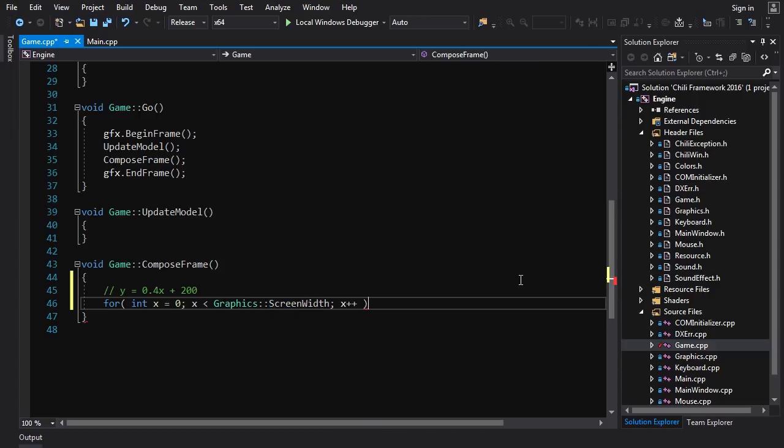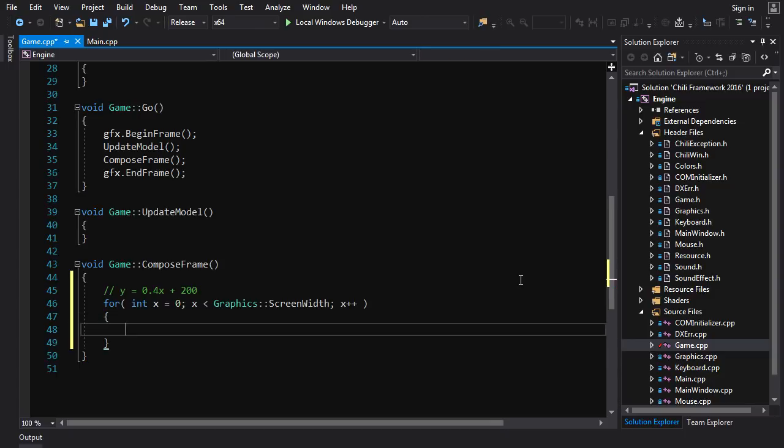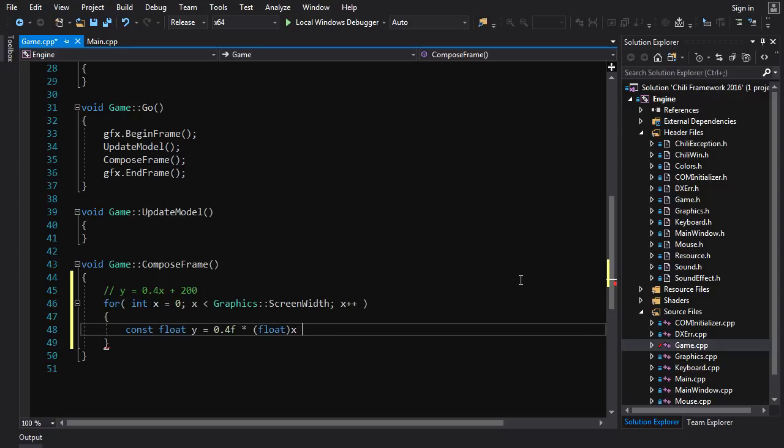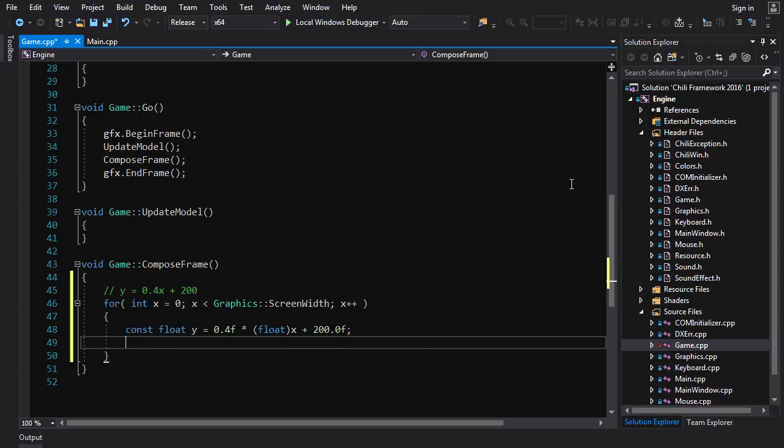So we're going to loop through all possible x's on our screen, and for each one of those we're going to calculate const float y is equal to 0.4f times float, we're going to convert that to a float, x, plus 200.0f. That gives us our y. Notice we're going to do floating point because we've got fractions in here. And then we are just going to graph that.